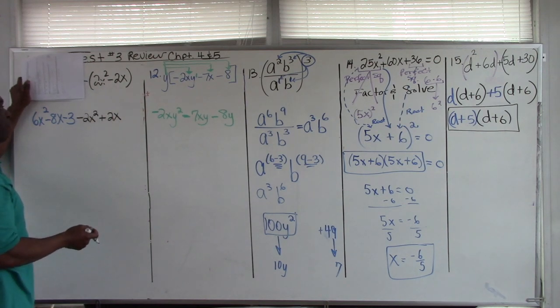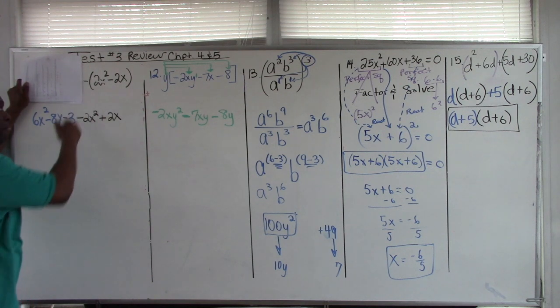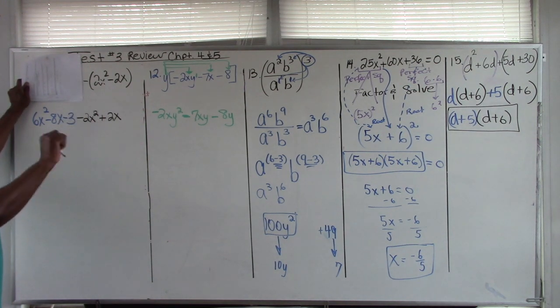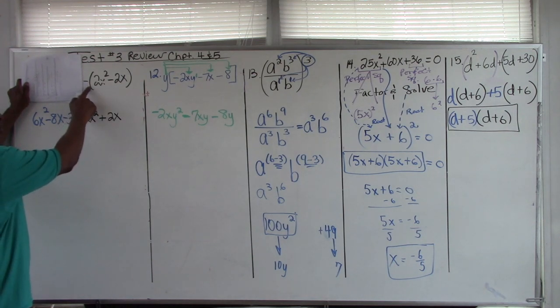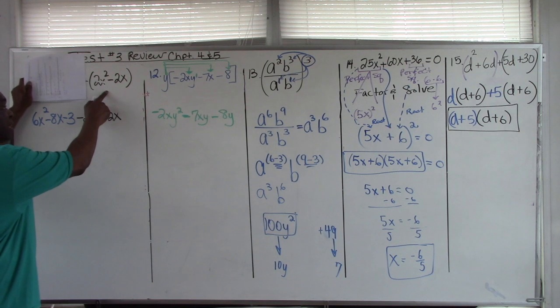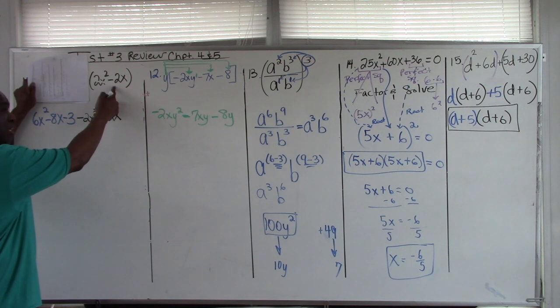Why? Because I had a minus sign out here in the front. There was a minus sign out there knocking on the front door. And when you let something negative in your house, it changes everything. Right? So this negative out here was knocking on the door. We let it in. And when it walked in, it changed the sign of everything inside the house.